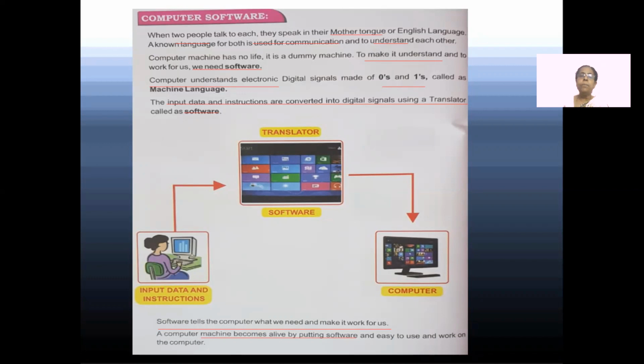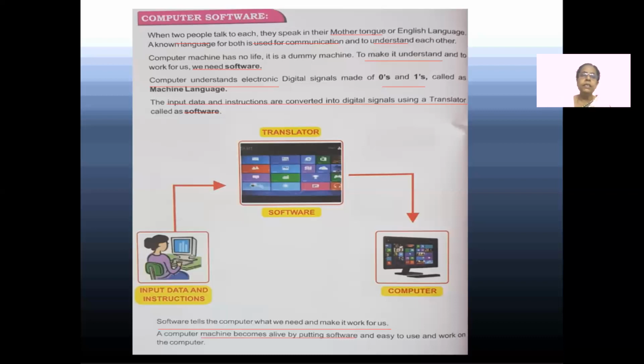So whatever input or instructions you give to the computer, it converts into digital signals. Then a translator, which is nothing but your software, changes your machine language into ordinary English that you can understand. And when we feed in our language, it converts it into the digital language.